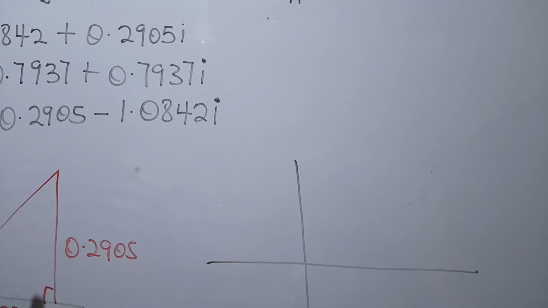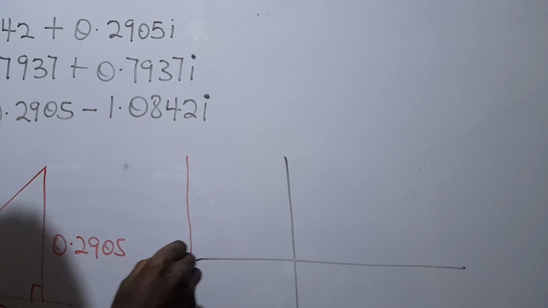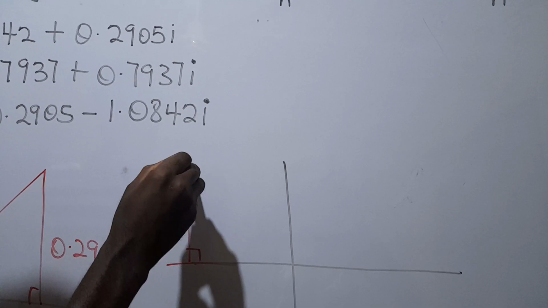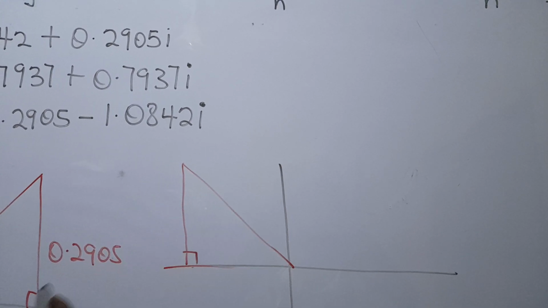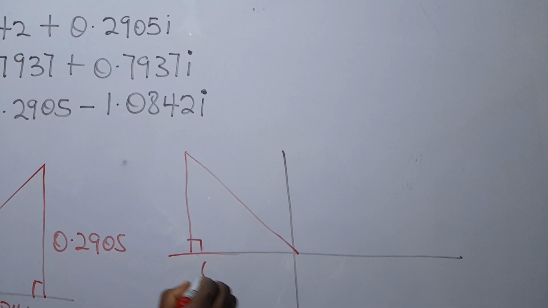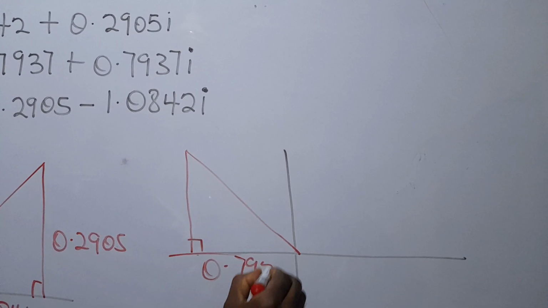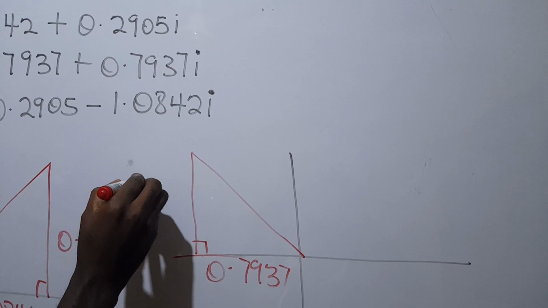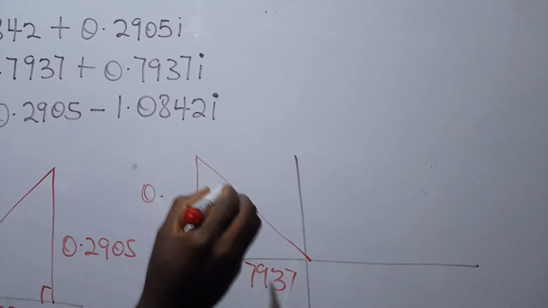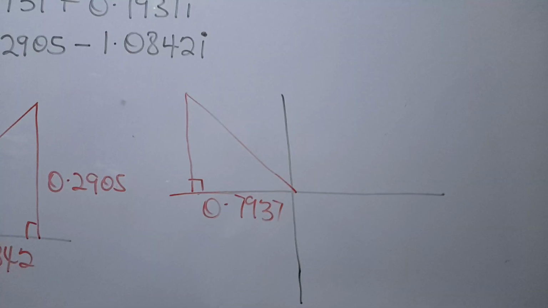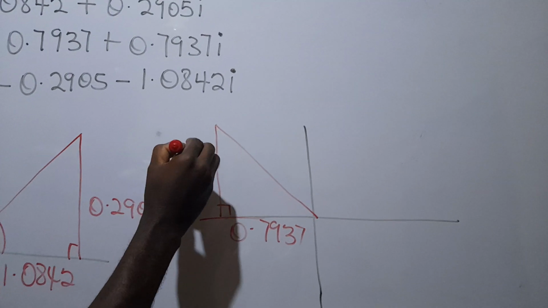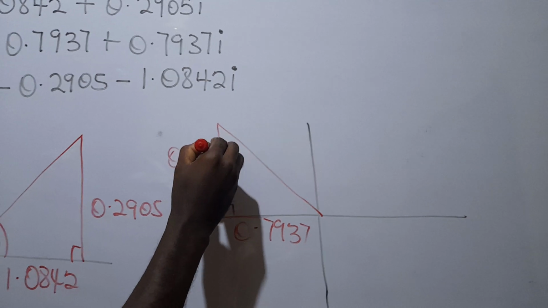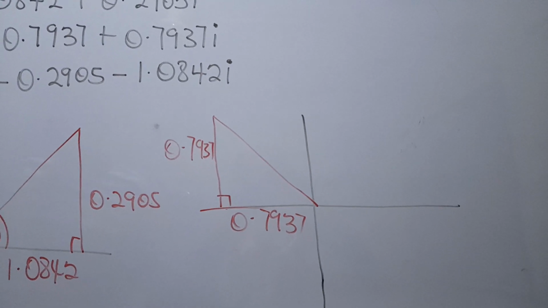So I have something like this. So I have 0.7937. It's already negative, so there is no need to write negative here. Then we have 0.7937 for the imaginary.